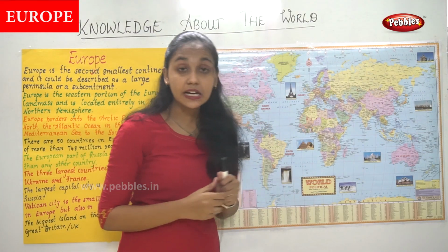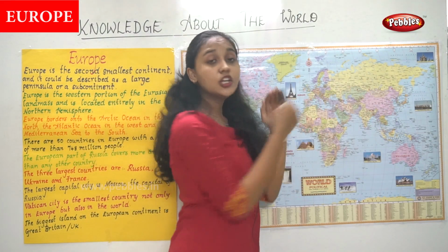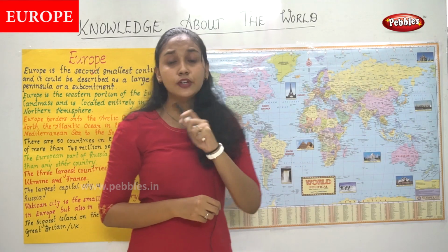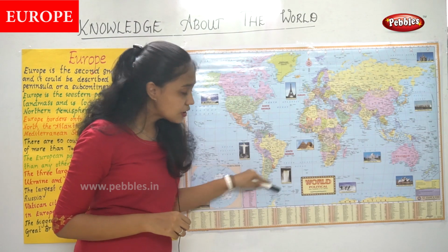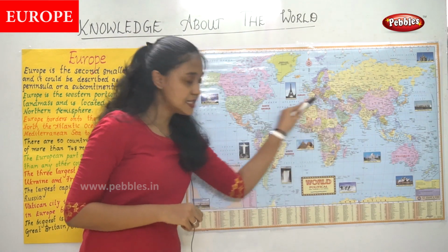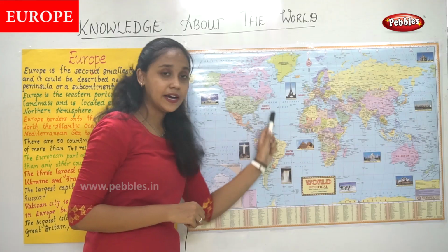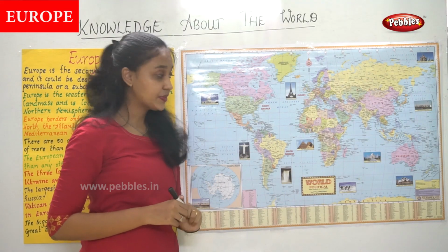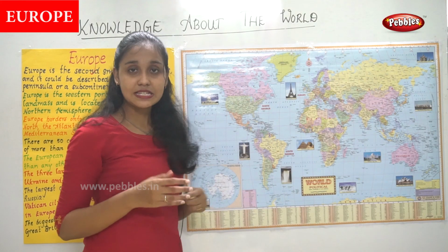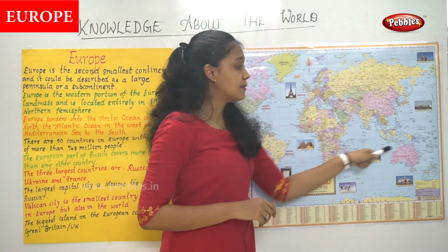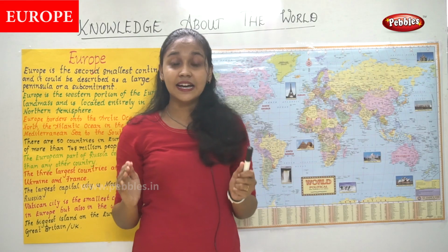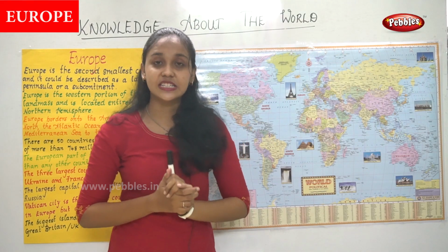Actually, if you see here, this is one huge land mass. If you look at the other continents we learned so far, South America and Africa, they are separated by an ocean in between. However, if you look at this huge land mass here, it looks like one single continent, right?